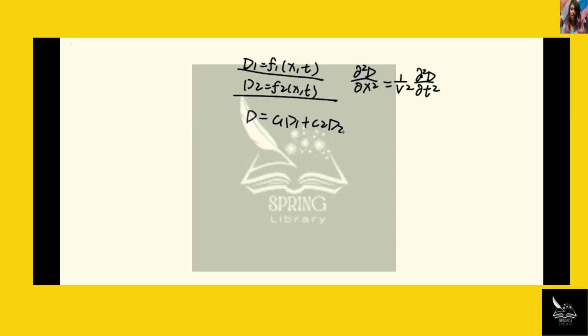So in order to solve this problem, all we need to do is to plug everything in. The second derivative with respect to x squared is the derivative of the derivative.